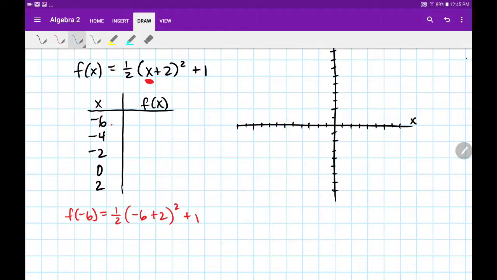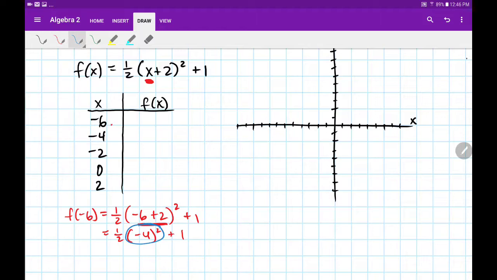All right, see if you know where we begin. I need to simplify this. So am I going to distribute? No, that would be out of order when we're talking about the order of operations. We have to start inside the parentheses. So let's simplify that. That's 1/2 times negative 6 plus 2, which is negative 4, squared, plus 1. Next step, after parentheses, exponent.